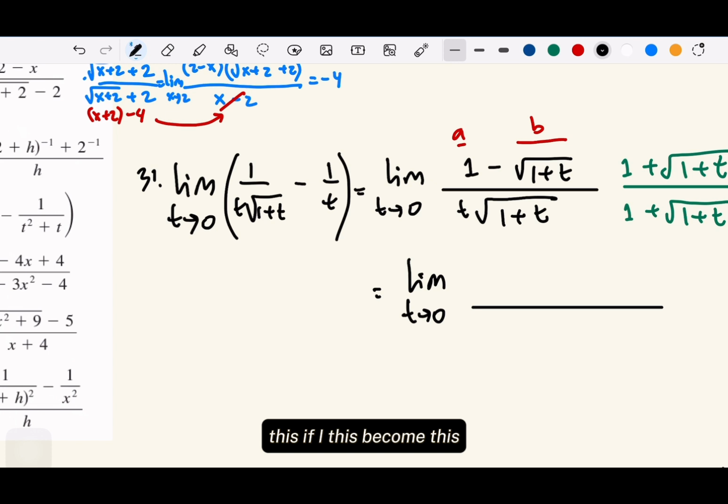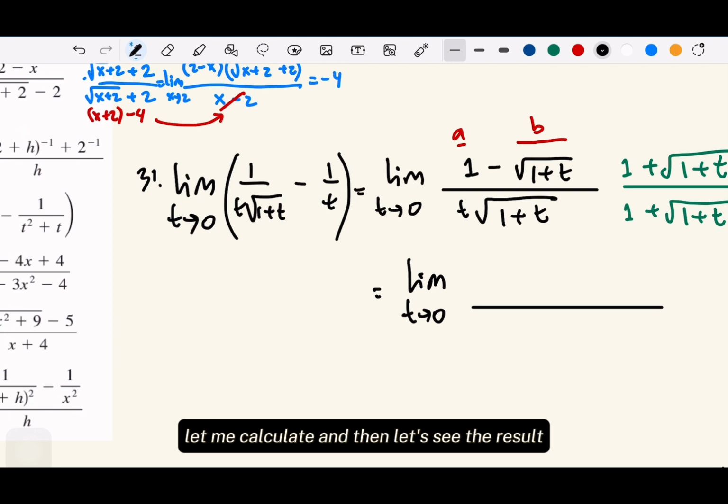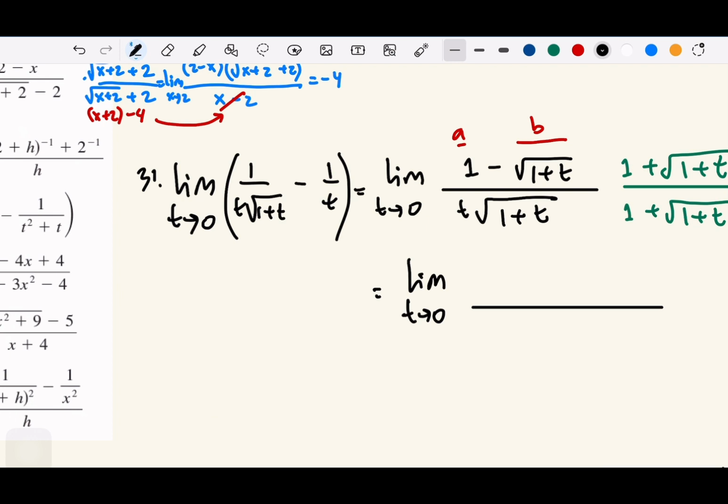This divide this become this. This means that we need to have a lot to catch up. I forgot the result.